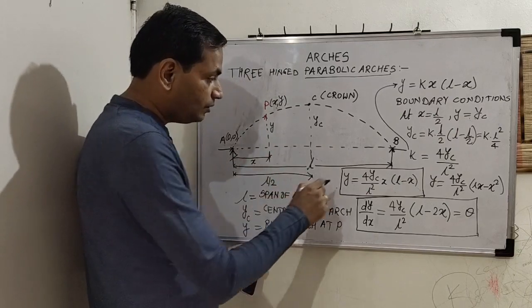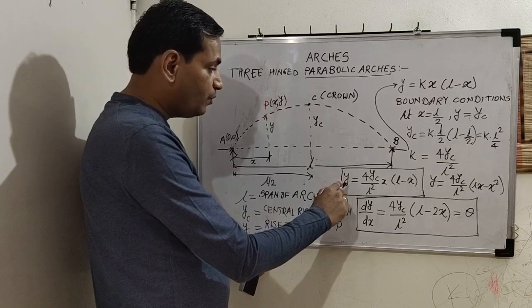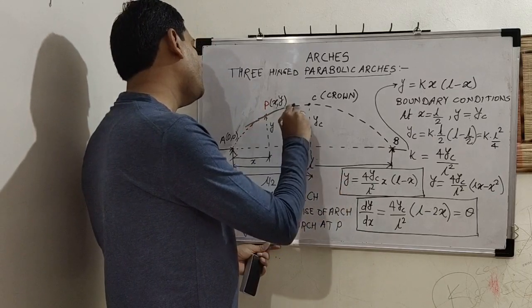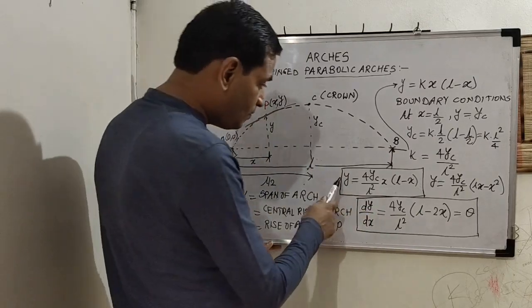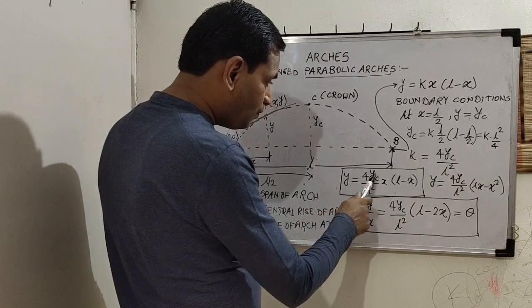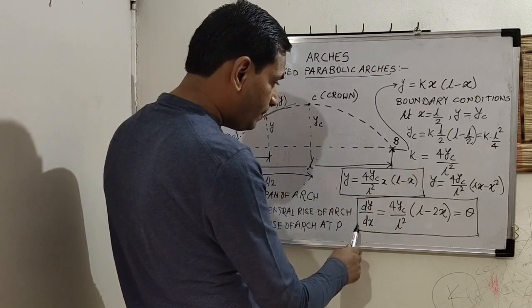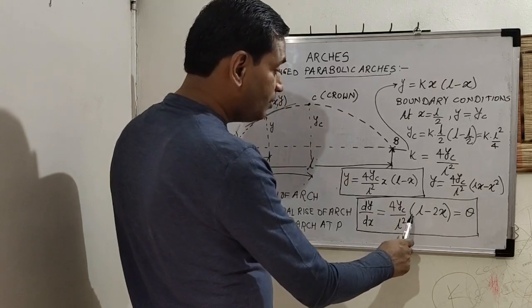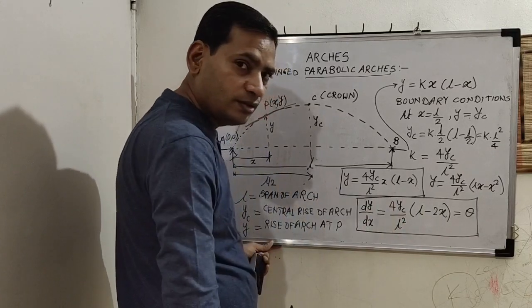So if you want vertical coordinate, use this equation. If you want slope at this coordinate, dy by dx, use this equation. What is the difference? Y equation is 4yc upon L square, x into L minus x, and dy by dx is 4yc upon L square, it is there inside the bracket L minus 2x, x is not there, okay.